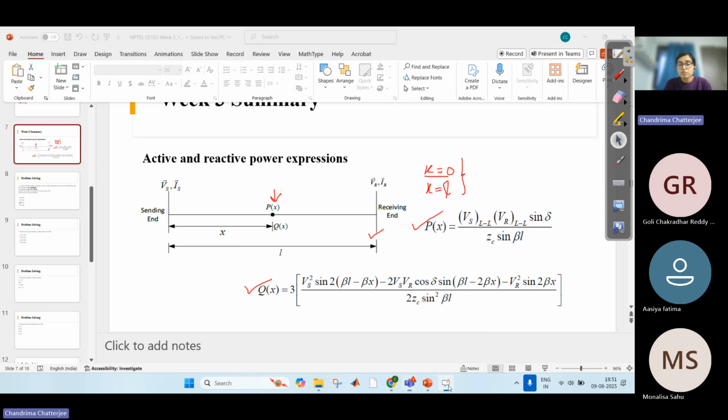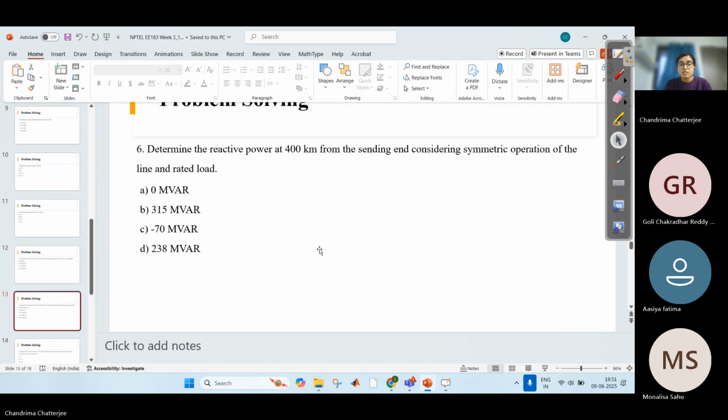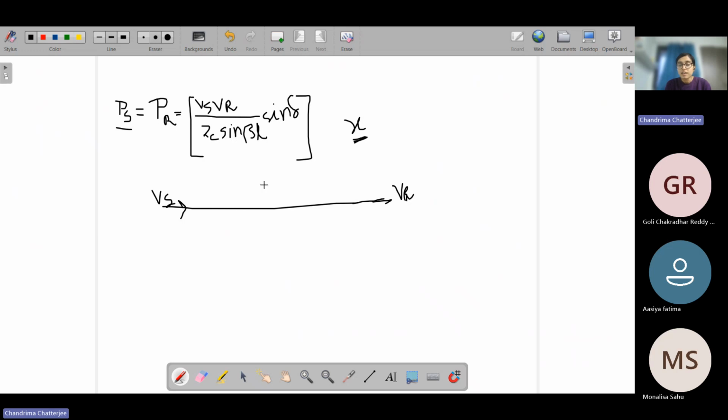Now see the question we were discussing. They have asked for the reactive power at 400 kilometer from the sending end. The line length was given as 800 kilometer, so this is exactly the midpoint of the transmission line.